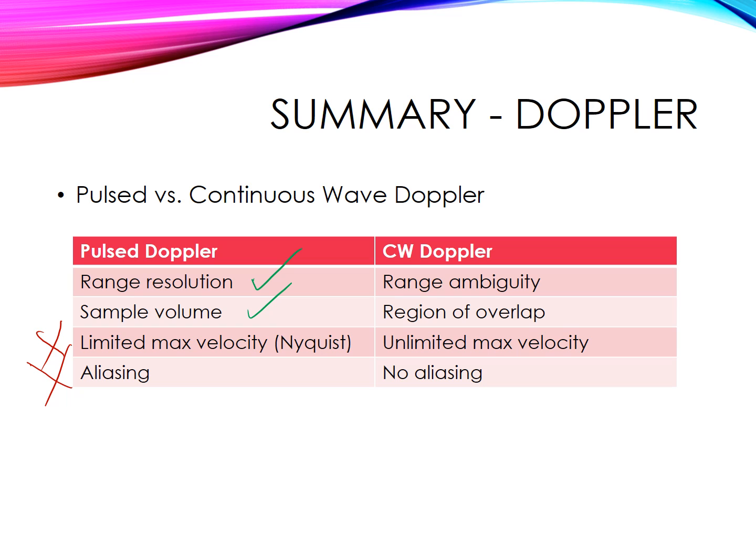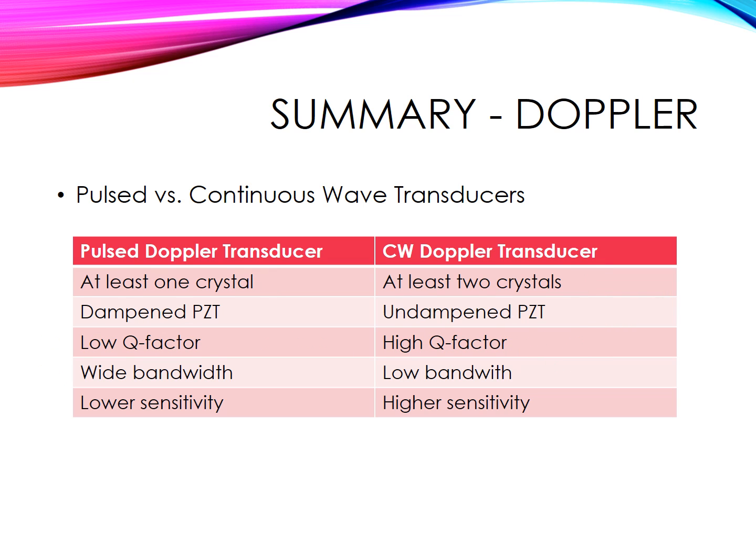On the other hand, with continuous wave Doppler, we have range ambiguity, and there's a region of overlap, so that causes issues in that we can't pick out where we are actually getting Doppler information from. But the good part of it is that we can get that unlimited max velocity and there's no aliasing. So remember the goods and the bads and the trade-offs of pulsed and continuous wave Doppler.